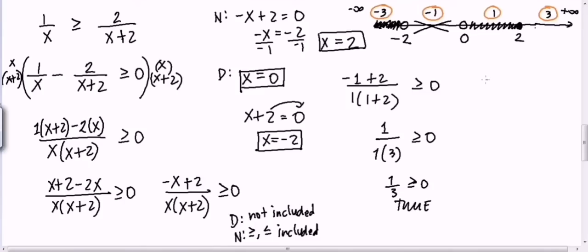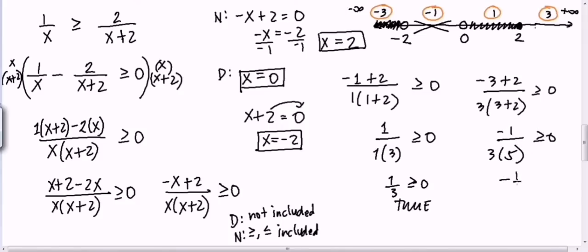Okay, and then the last one is 3, yung testing value natin. So, negative 3 plus 2 over 3 times 3 plus 2 greater than or equal to 0. So, yung numerator ay negative 1 over 3 times 5. Okay, so negative 1 over 15. False yan. Kasi negative 1 over 15 is not greater than 0. So, this one is false.